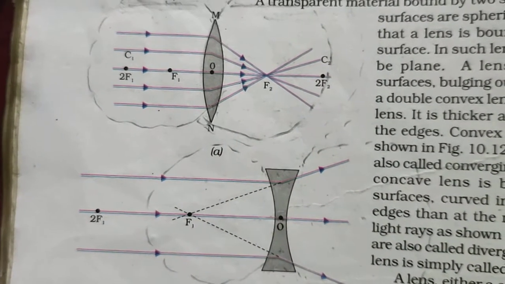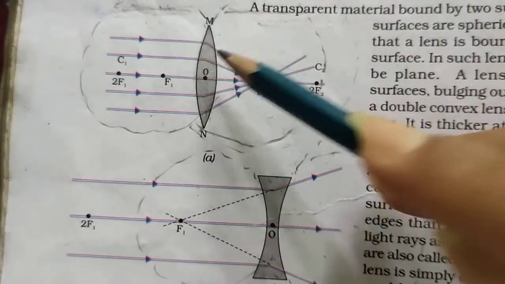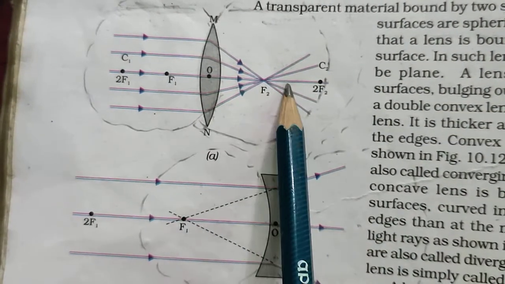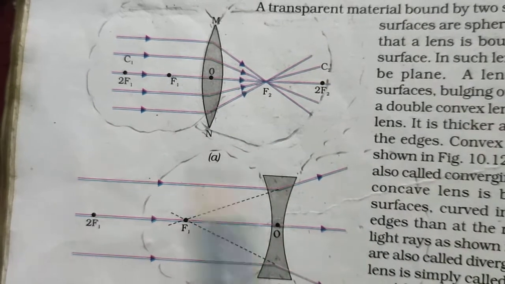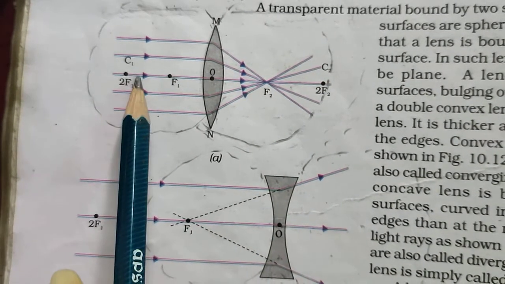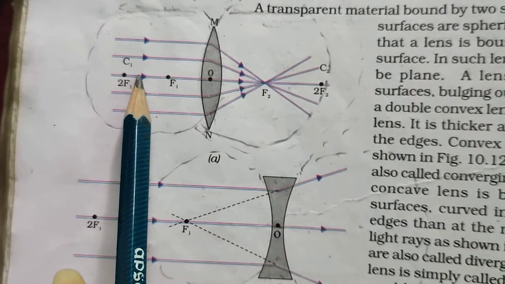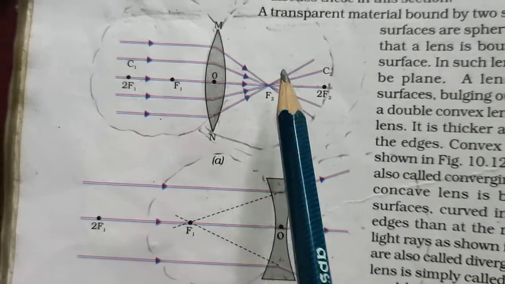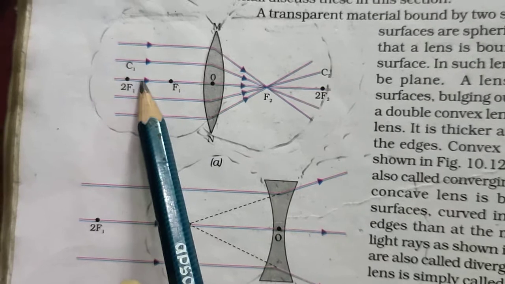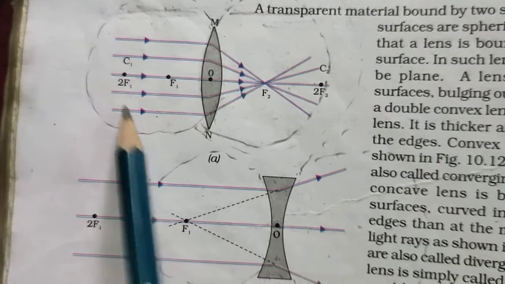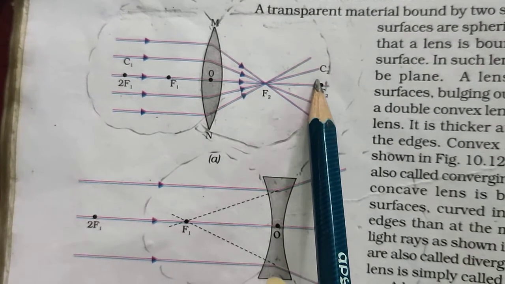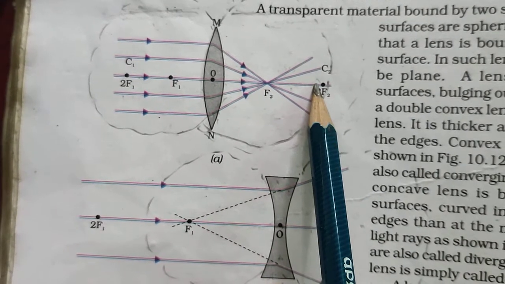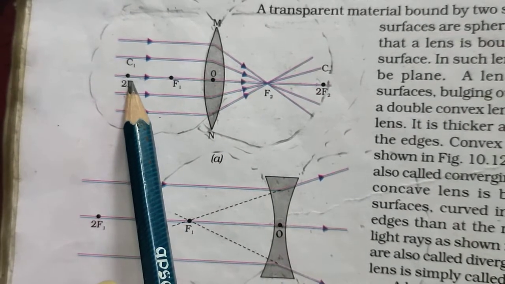Now, as this lens is associated with two circular globes, this globe has one center of curvature, and this one also has one center of curvature. That is why we get two centers of curvature, which are denoted here as 2F1 and 2F2. 2F1 and 2F2 are nothing but the centers of curvature of the two globes.